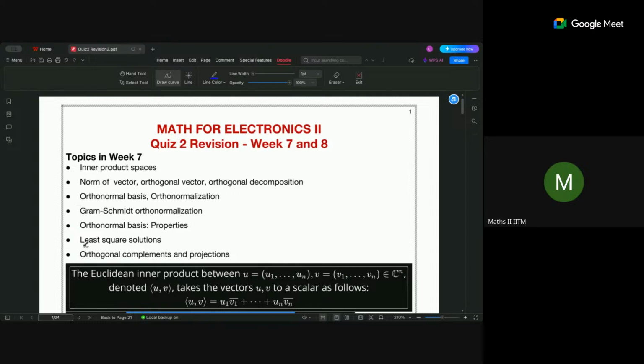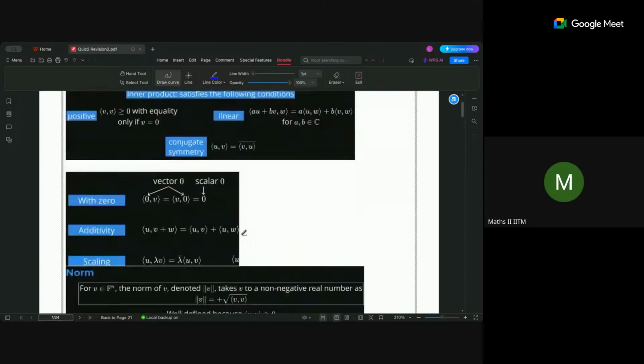Then finding least squares solutions, finding W perp, and finding projections. These are the places where you have a lot of problems.